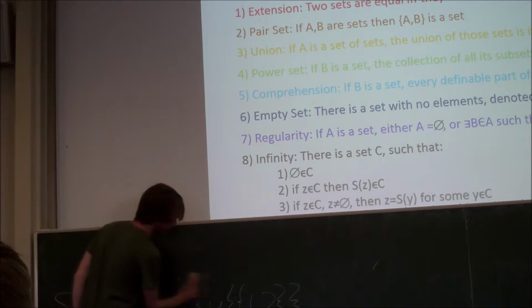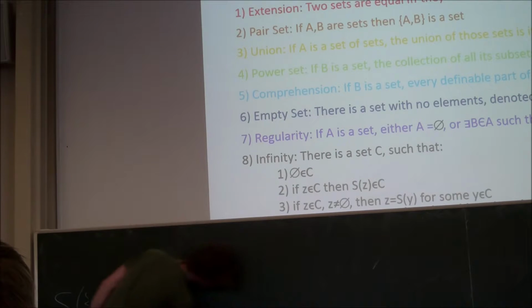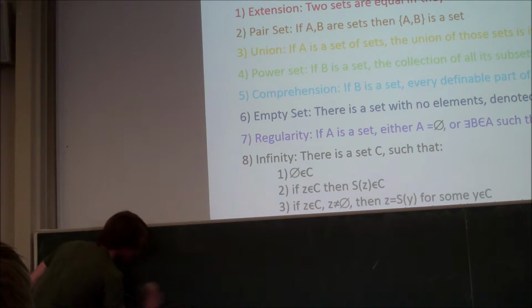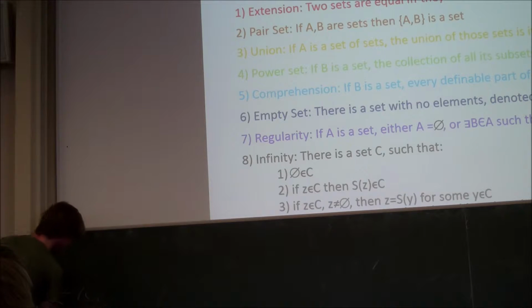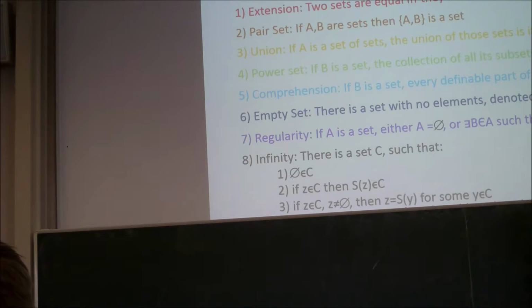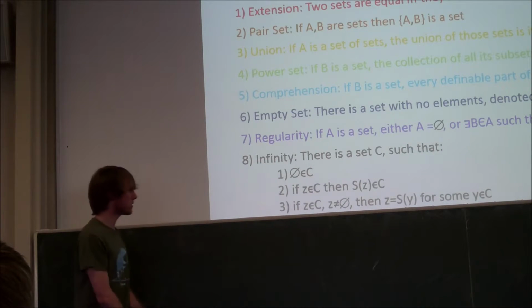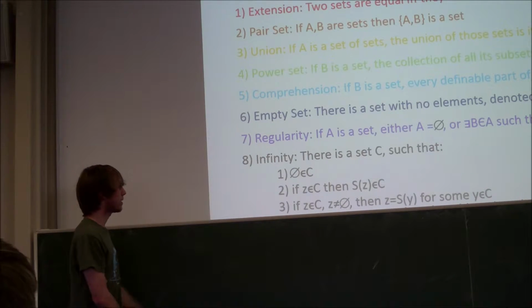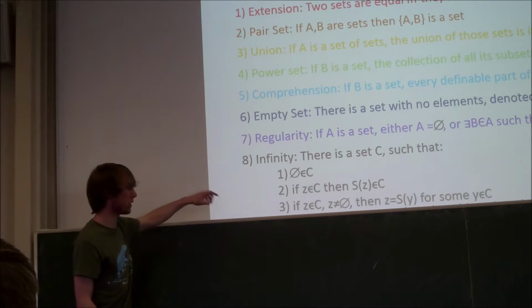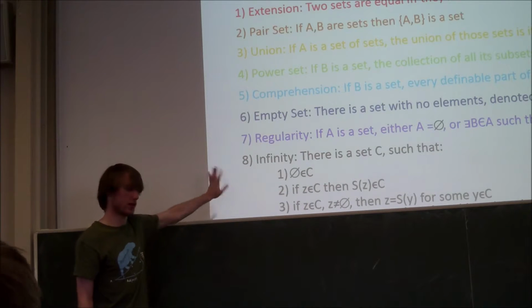A few things to begin with, the axiom is saying C is going to represent the natural numbers, such that the empty set is in C. For every element in C, S of that element is also in C. And for every element in C which isn't the empty set, that element is S of some other thing. So really, what this is saying is that if we're thinking of S as plus 1, and we're thinking of C as the natural numbers, phi is going to be analogous to 0, because it has no elements.